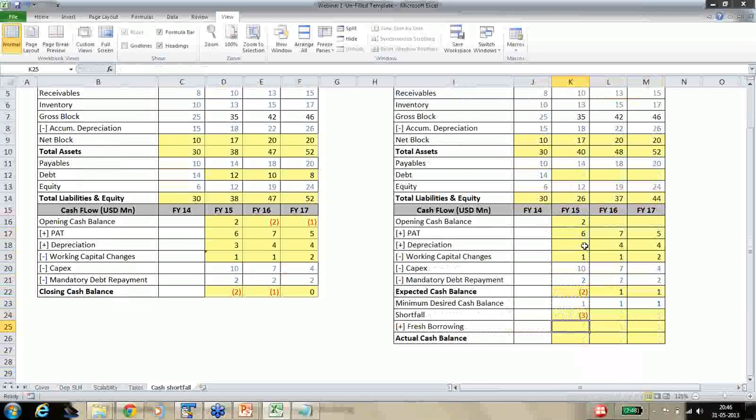Correct? Is it fine? So do I need to borrow something for this? The idea is yes. How much do I need to borrow? I need to borrow the shortfall if it is negative. If it is not negative, then I don't need to do anything over here. I can say that my shortfall would be equal to minus times minimum of this number and 0.